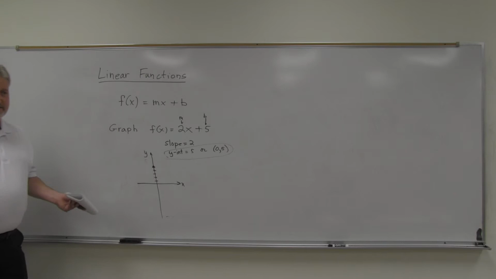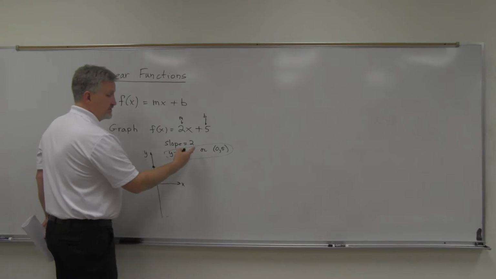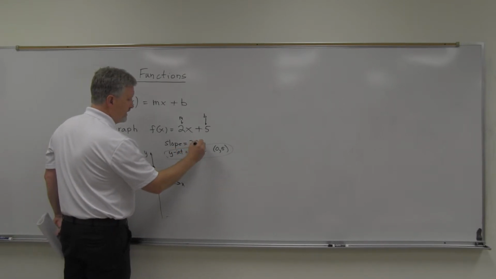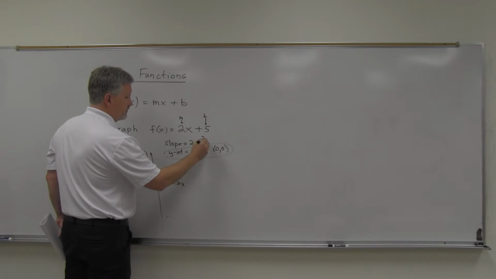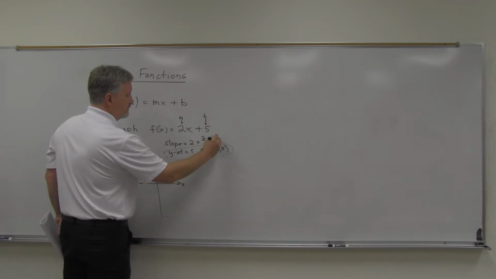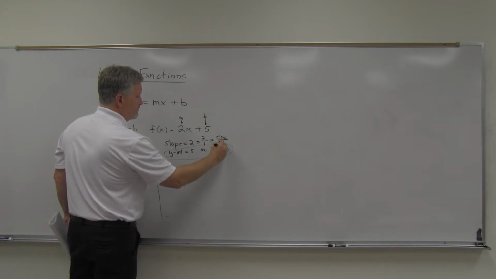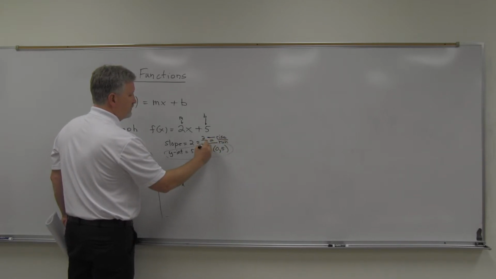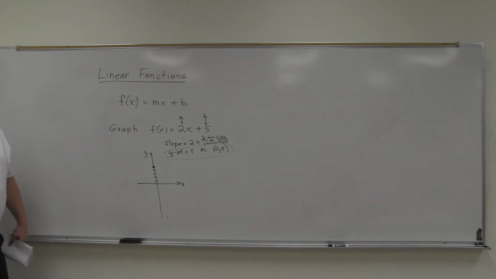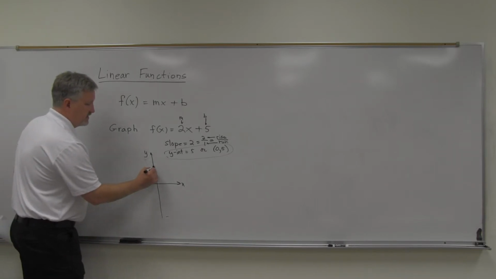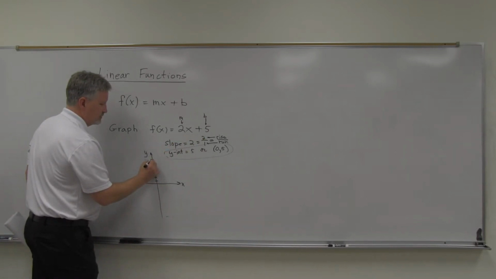Well, we kind of did this in a different type of problem before. Now I have the slope is 2, and I can interpret that as a fraction. I can say that's 2 over 1, and the slope I know is rise over run, so if I interpret the slope as 2 over 1, that's telling me the rise is 2 for a run of 1. So from this point, if I rise 2 and then run 1, I get another point.